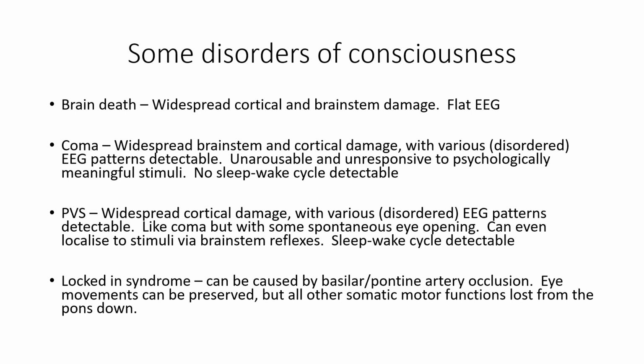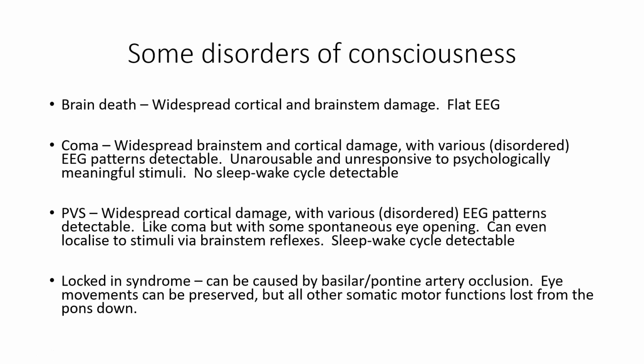They're not really communicating with each other all that well. These patients tend to be unarousable and unresponsive to meaningful stimuli at least. The reason why this has been said, meaningful stimuli, is of course you may still be able to get spinal reflexes. And in these patients, no sleep-wake cycle is detectable.